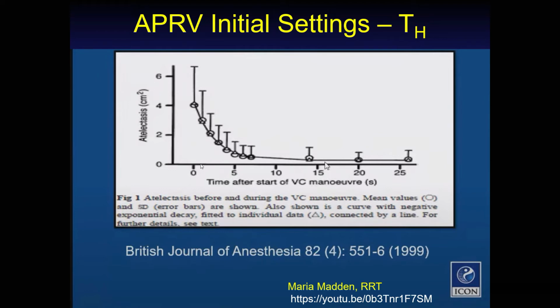You can see the difference between 1 second and 5 seconds, a marked difference in atelectasis here. So the benefits are shown graphically here in this article from the European literature back in the 90s, where atelectasis is shown to logarithmically decrease with airway pressures being held for 2 to 6 seconds as compared to 1 second over here.